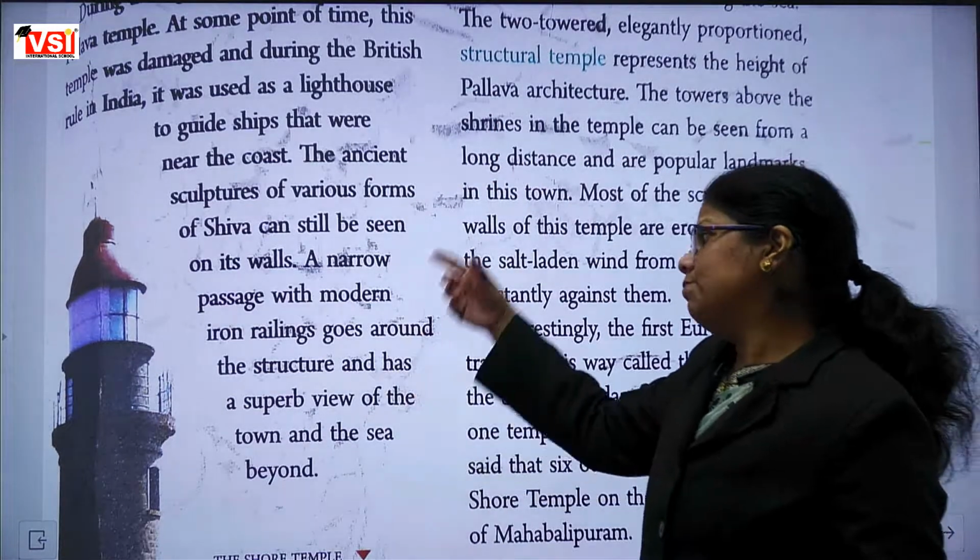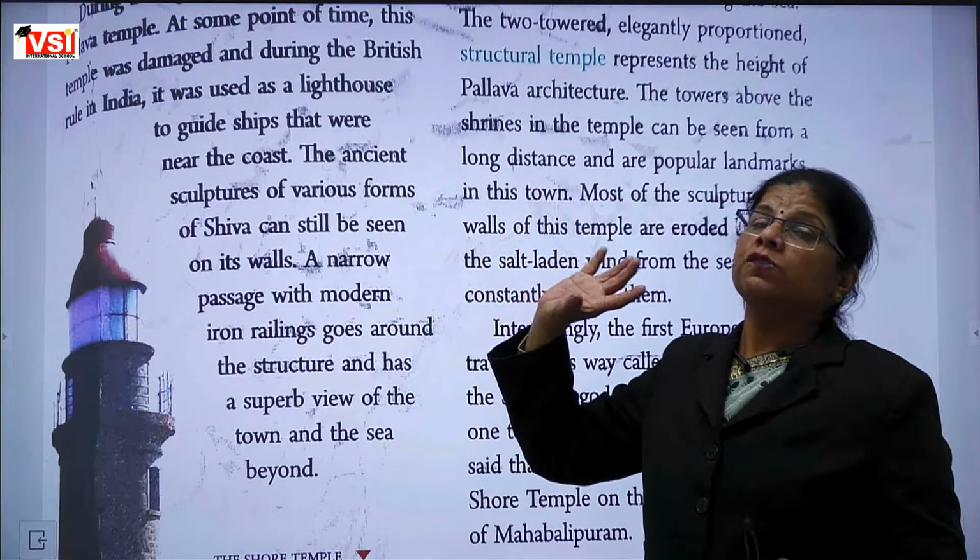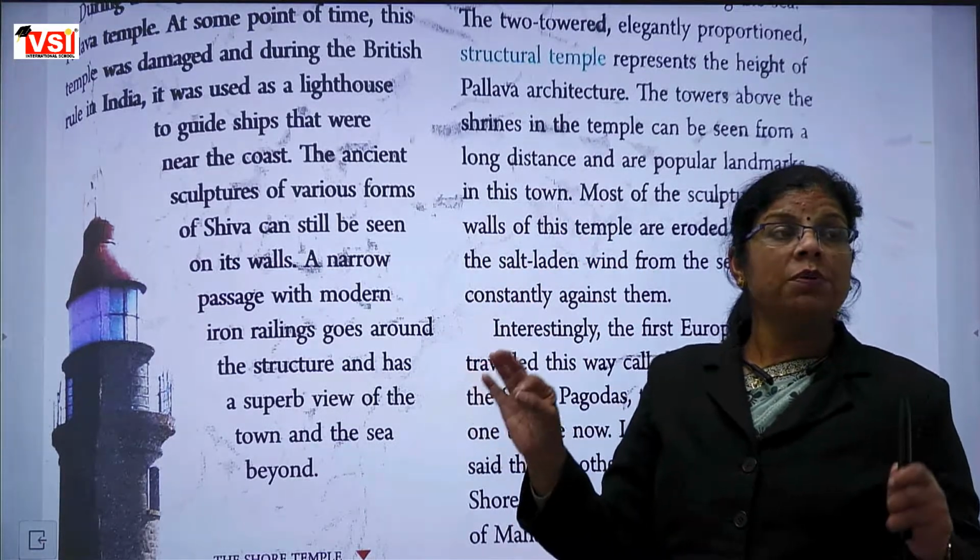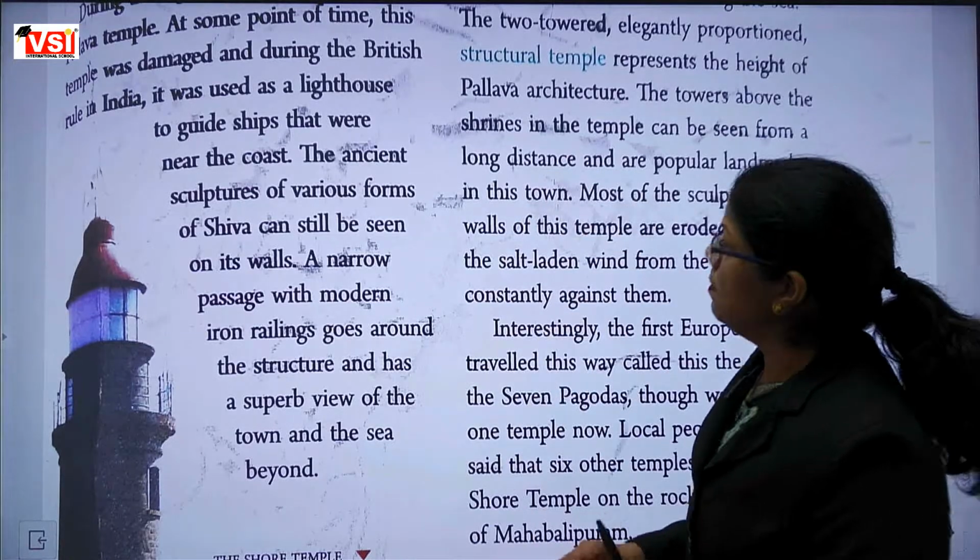And when we go upside, a superb view of town can be seen from the top of that lighthouse.